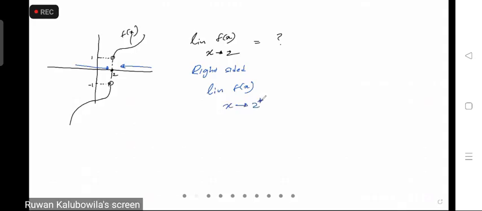I will write the positive mark to indicate now I am coming from the right end. Right? Can you give me an answer? When you are coming from the right end, what happened to the limit of f(x) when it reached number 2?